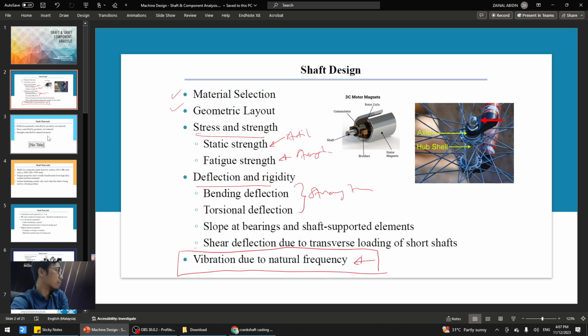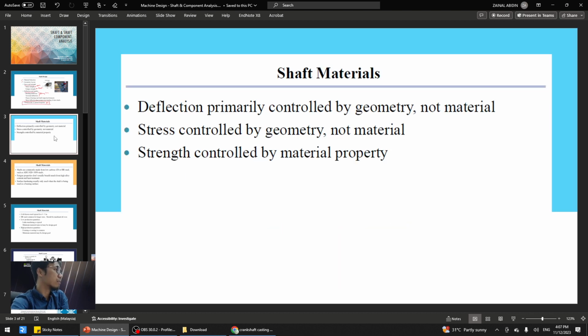And shaft design, the first one you need to consider is the material. If you want to design a shaft, the first thing is the material, because you can read it here: deflection is primarily controlled by geometry, not material.